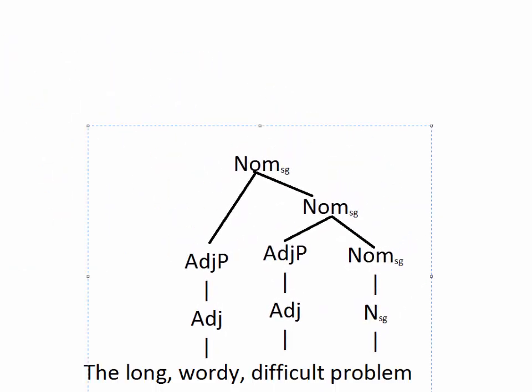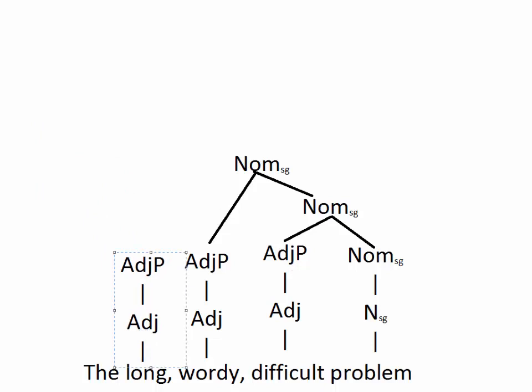And again, we've got a new adjective phrase with long, so now we just build up a bigger nominal, and now we've got the nominal long wordy difficult problem. And again, we could continue on if we wanted to and add in more adjectives.